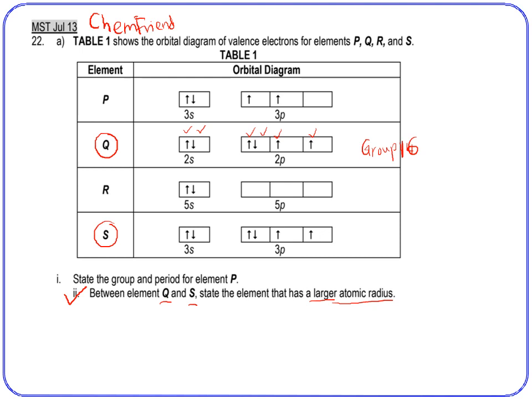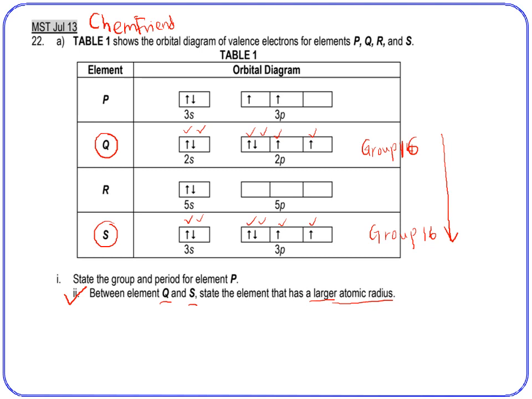Since they are p block elements, the group number is group 16. The same applies to S: 1, 2, 3, 4, 5, 6. So both Q and S are elements in group 16, and we are going to apply the trend of going down the group.